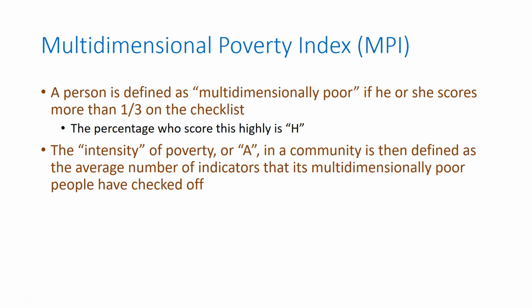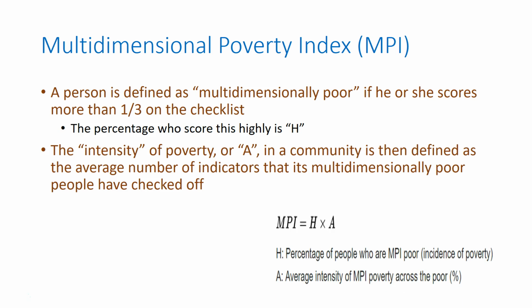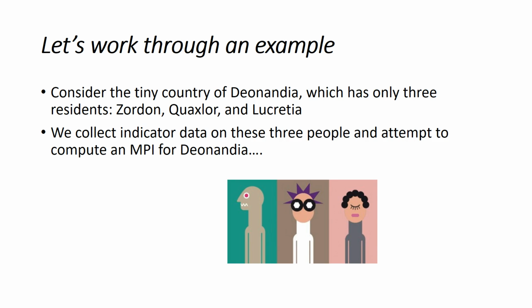And that's our number H. The intensity, on the other hand, our letter A, is a description of a community. For that community, you take the average number of indicators that have more than a third on the checklist, and that becomes a measurement of intensity. Your MPI then is the product of those two numbers. Okay, I know this is not as clear as it should be, so we're going to work through an example.